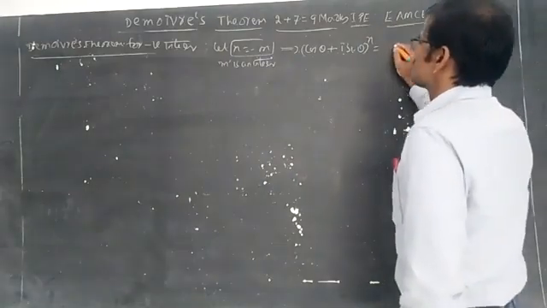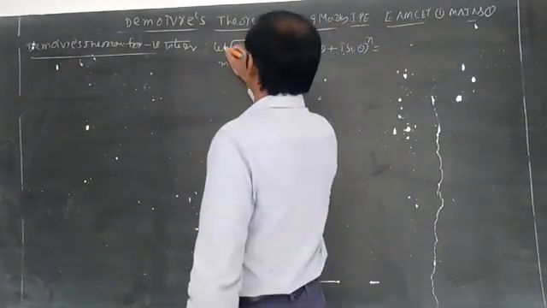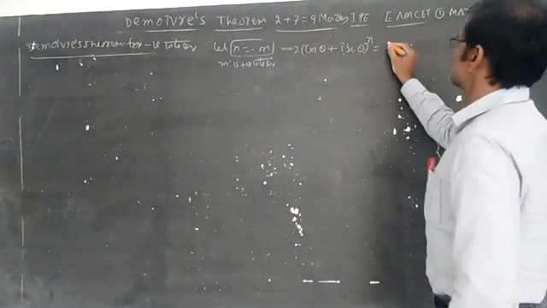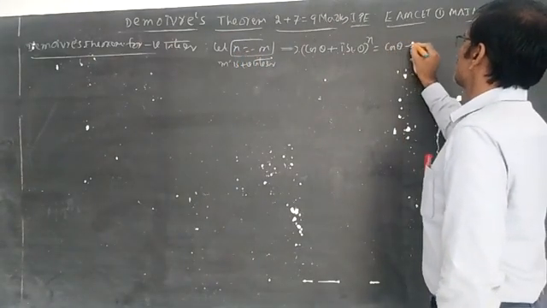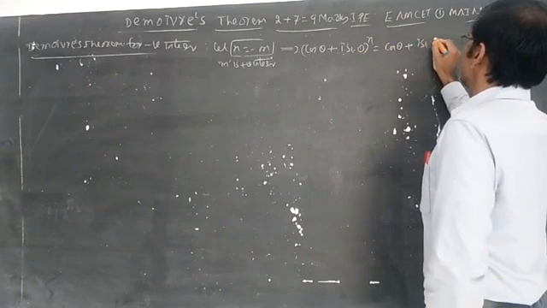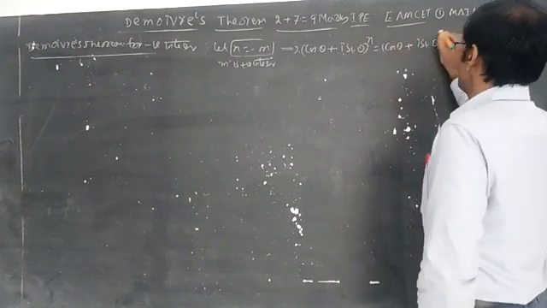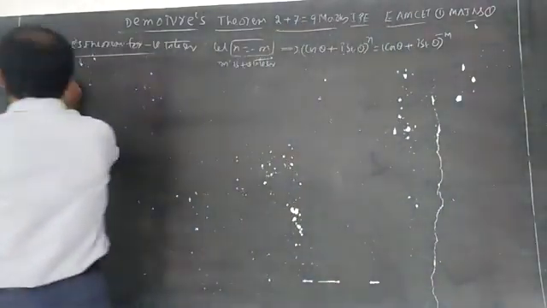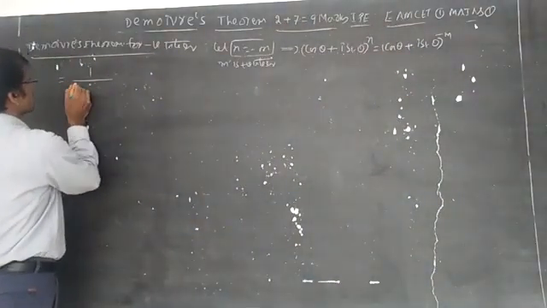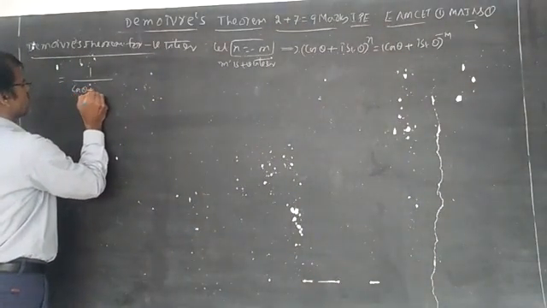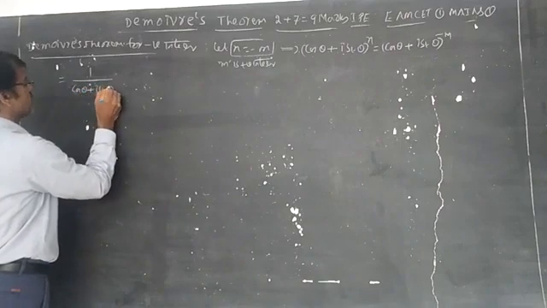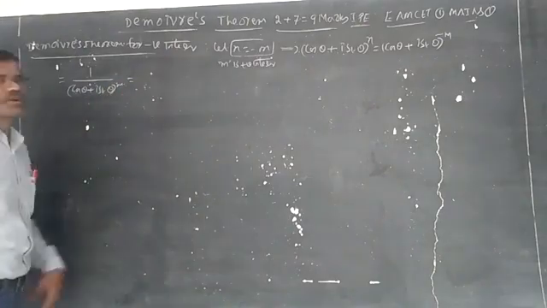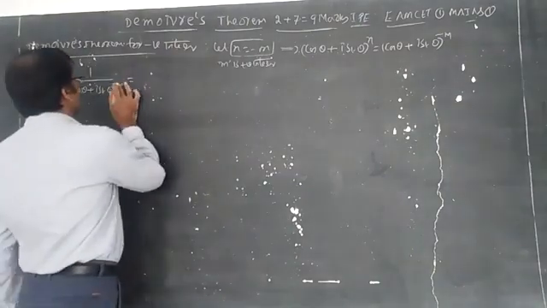So (cos theta plus i sin theta) whole power n, you can write as (cos theta plus i sin theta) whole power minus m. So 1 by (cos theta plus i sin theta) whole power m, since a power minus m becomes 1 by a power m.